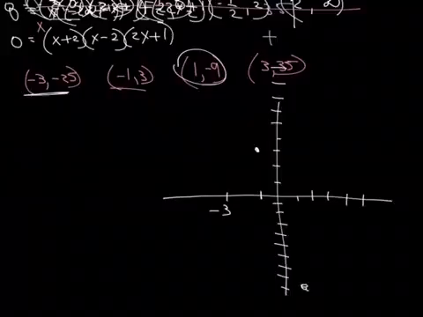I get something down here. And then 3, 35 is going to be way up here somewhere. Okay, so my positive will be here, negative here, and then we go back to positive there.